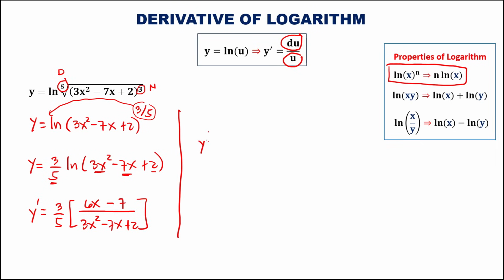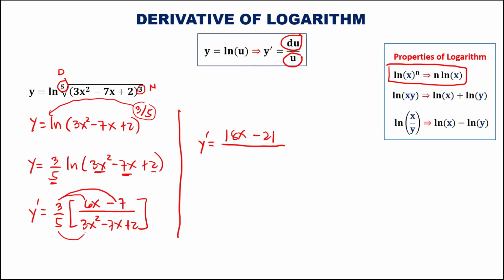Then to simplify, multiply the numerator and the denominator. So this 3 to the numerator. So 3 times 6x, this one is 18x. And 3 times negative 7, that's negative 21.